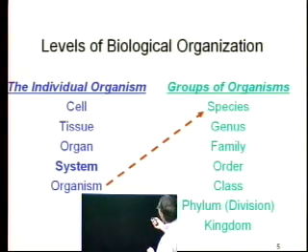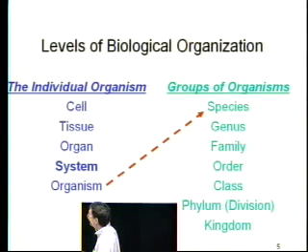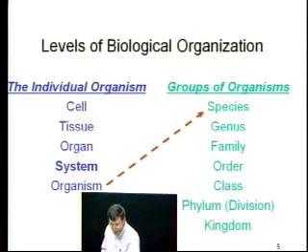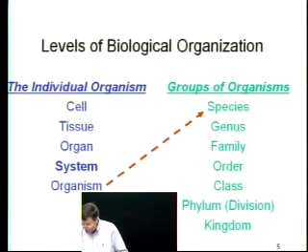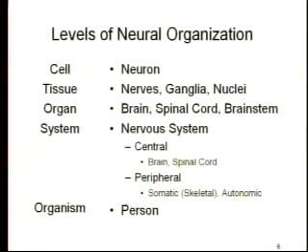And then you can talk about groups of organisms, species and genuses and families and all that kind of stuff. In psychology, we tend to focus on this level of analysis. The point is that the nervous system is just one system in the body that allows various organs to influence and communicate with each other. And again, at each level of the hierarchical organization of a biological structure, there is a particular level in the neuron.